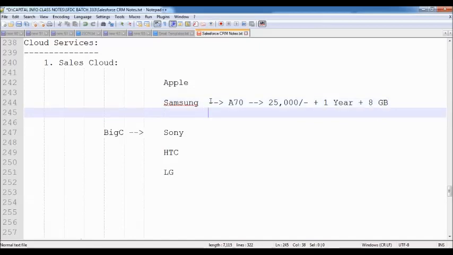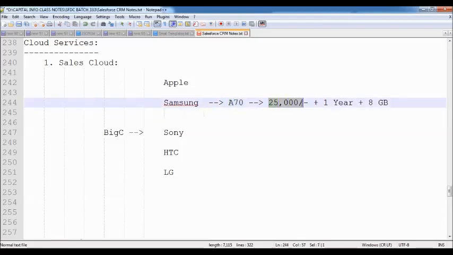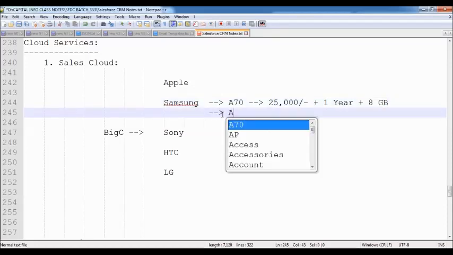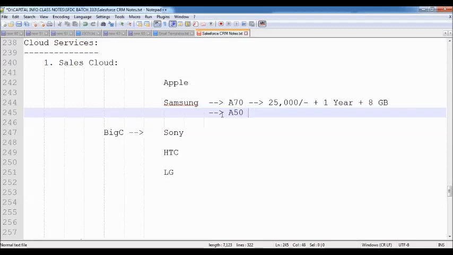So upon selling that A70 model, they're charging some 25,000 rupees as the mobile cost. Along with that mobile, they're providing 1 year of free insurance service and 8 GB of memory. Next, upon selling the A50 model, they charge some 20,000 rupees as the mobile cost, and they provide 2 years of free insurance service.